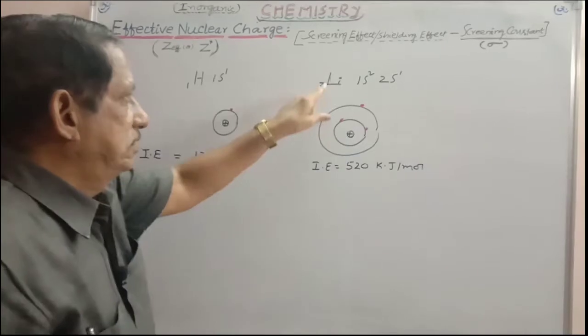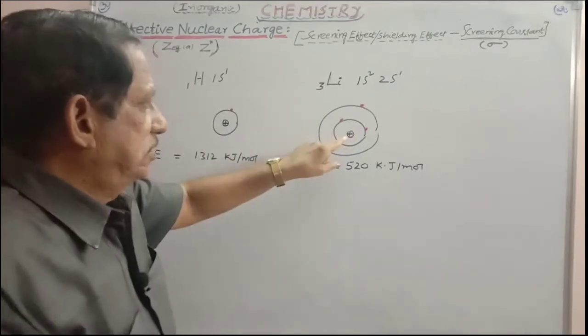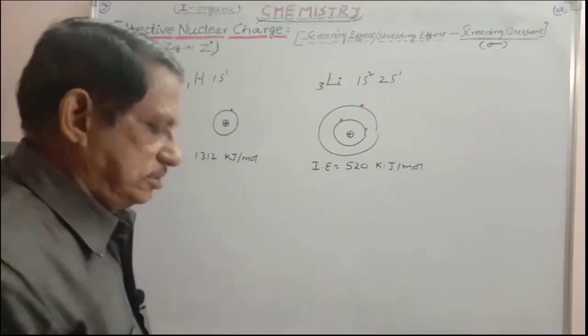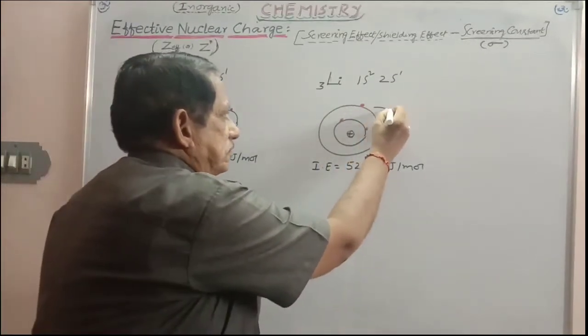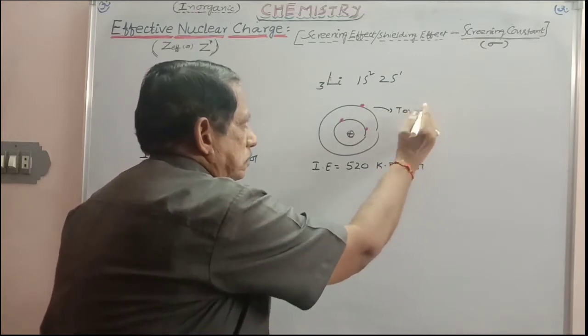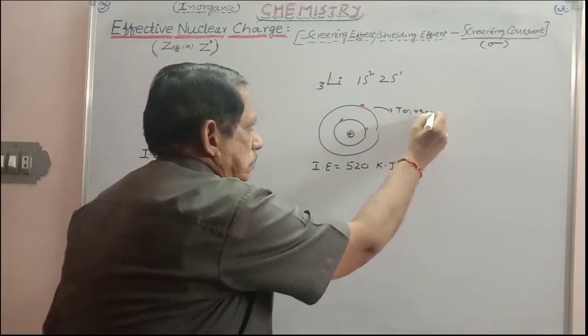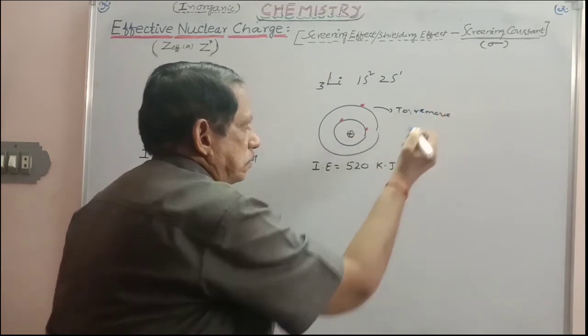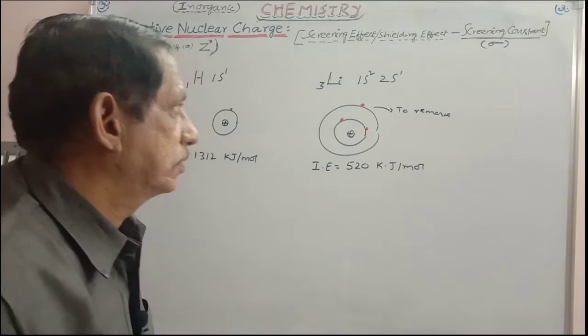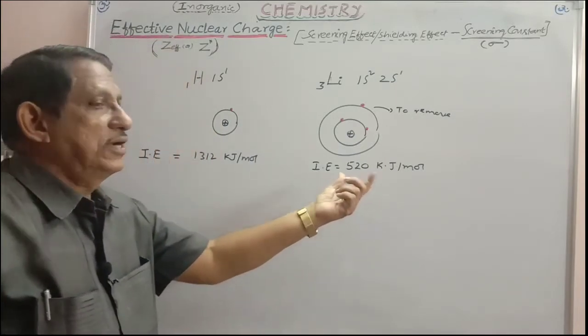And if you take lithium, the electron is in the second orbit, you have to remove this electron. Some energy is required, and the applied energy is only 520.